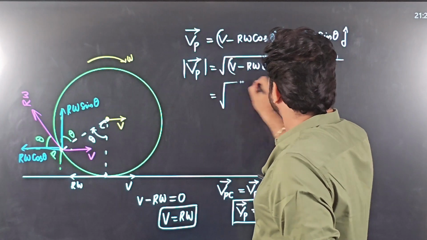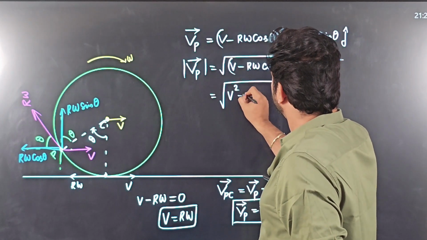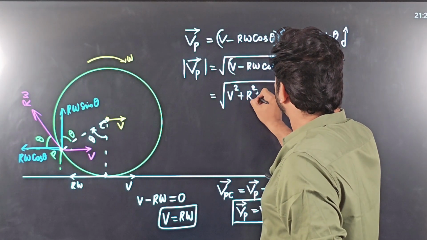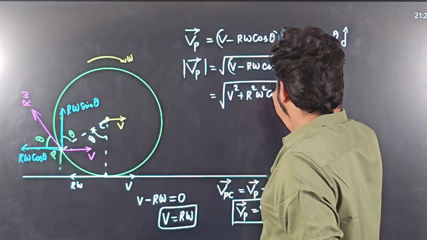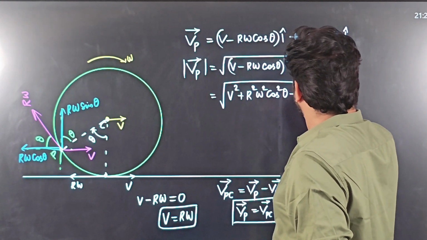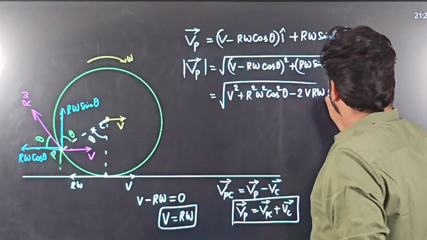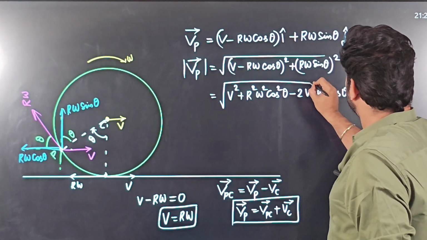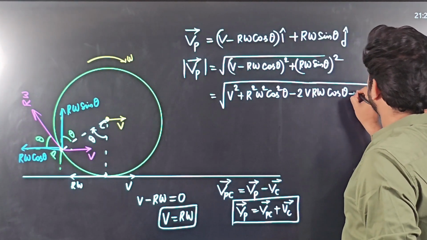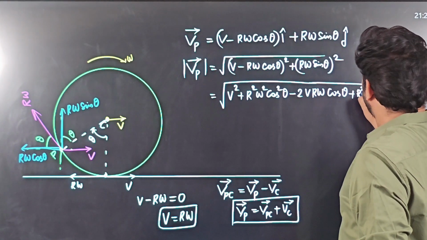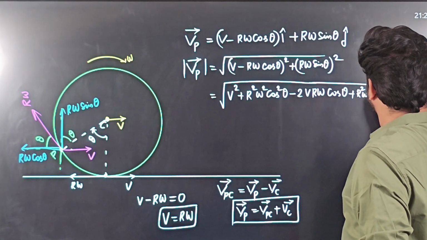So this is root over V square plus r square omega square cos square theta minus 2V r omega cos theta. This is the expansion of (a minus b) whole square. Plus I have r square omega square sine square theta.